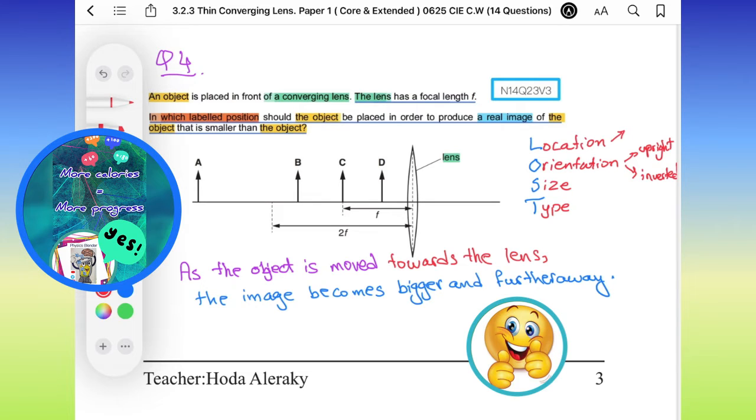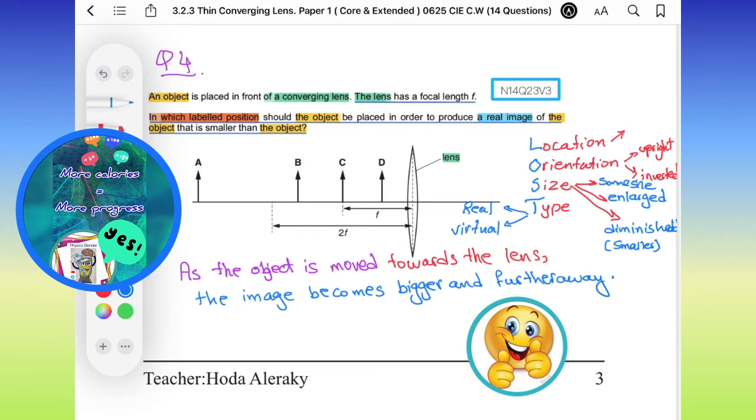Size, we have 3 options: same size, or enlarged, or diminished. Diminished means smaller. And type, we have 2 types, real and virtual.